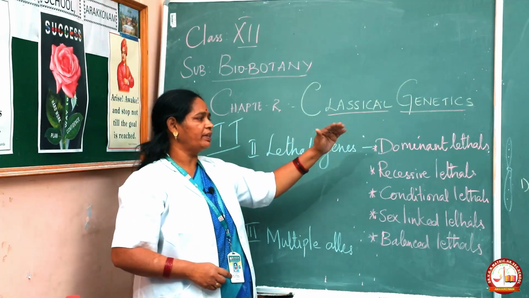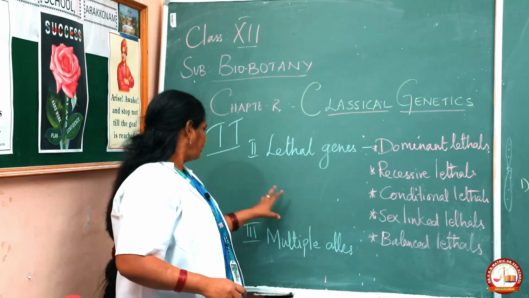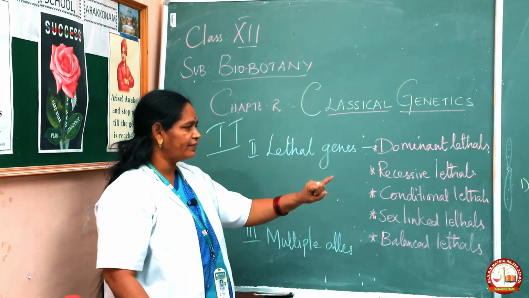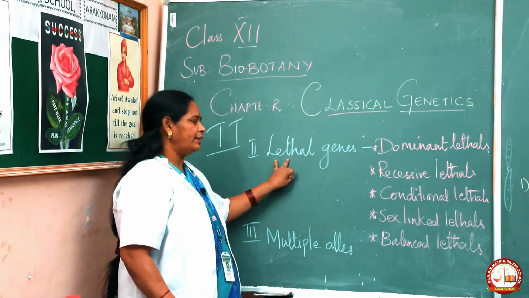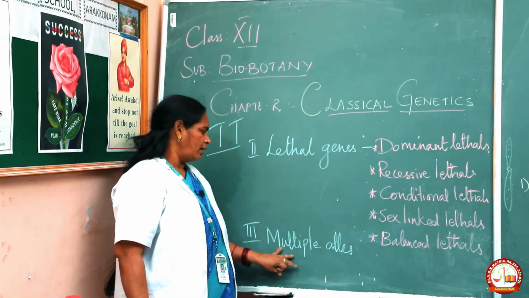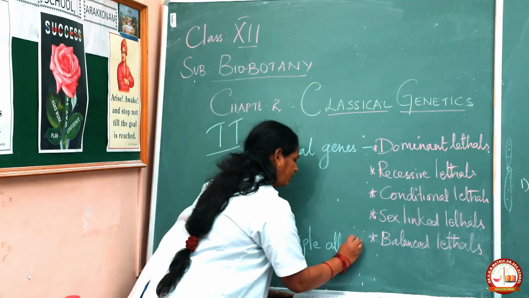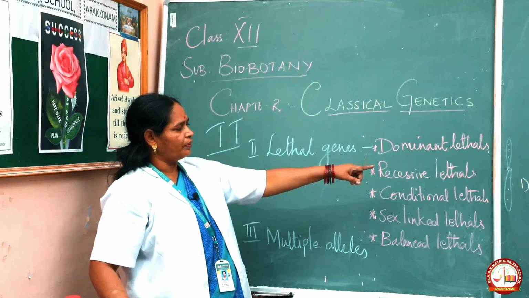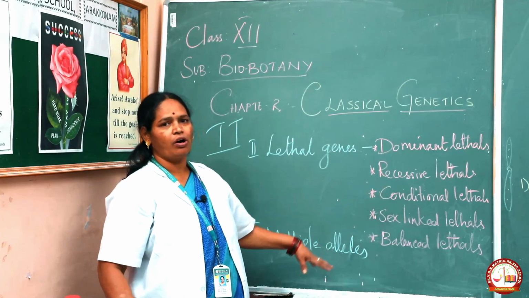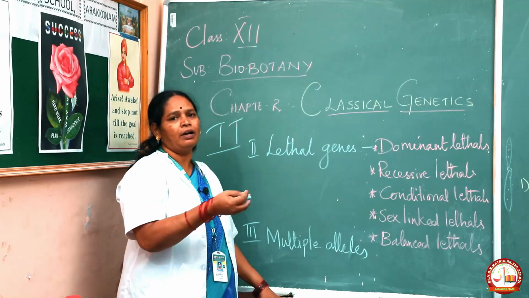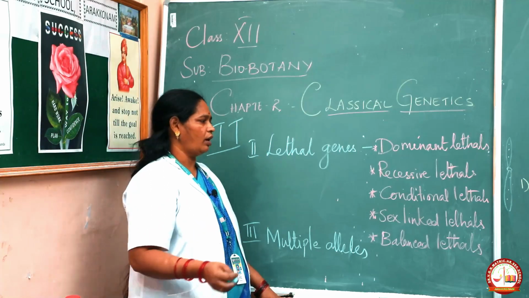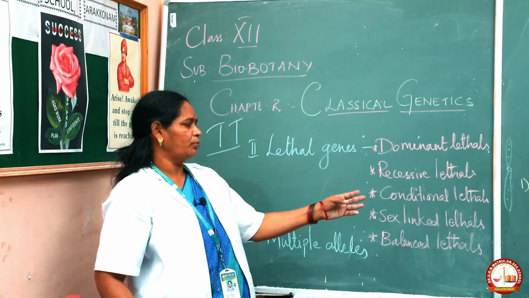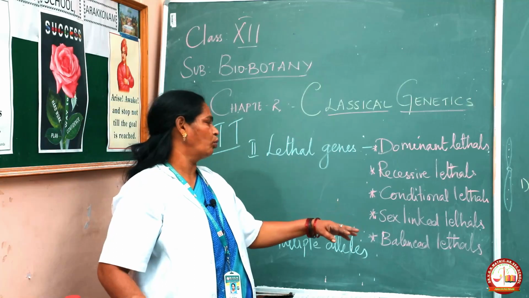Allelic interaction is divided into three headings: dominant relationship, lethal genes, and multiple alleles. Under dominant relationship, the first is complete dominance, the tall and dwarf relationship, where the F1 hybrid gets only tall. The second is incomplete dominance, the third codominance, and the fourth overdominance.